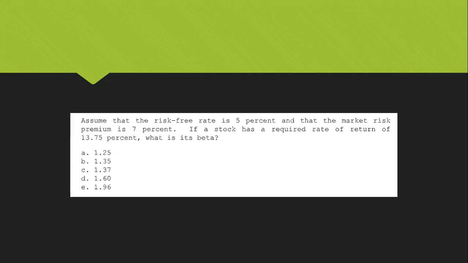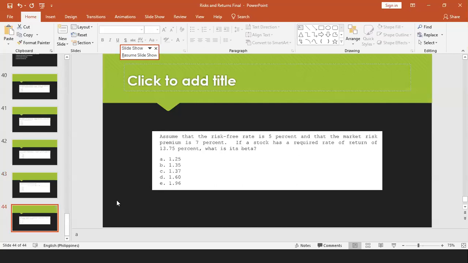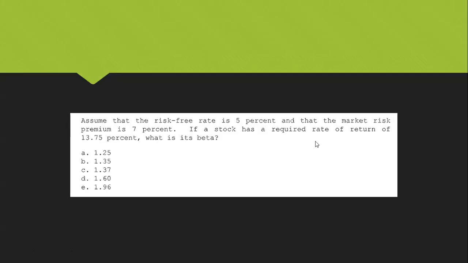Then lastly, this one. Assume that the risk-free rate is 5% and the market risk premium is 7%. If a stock has a required rate of return of 13.75%, what is its beta? So compute for the beta for this stock.